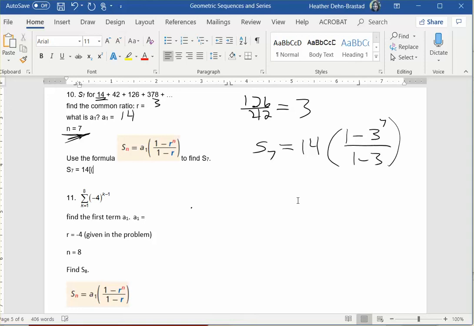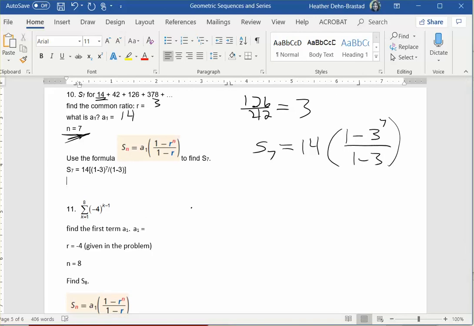The numerator is going to be 1 minus 3 to the 7th power. And that's all going to be divided by, the denominator is 1 minus 3. And that'll close my brackets. All right, so that's an example of how you would use those formatting tools to write that out. You could also use the insert equation tool if you want to. I'm going to keep using my pen.